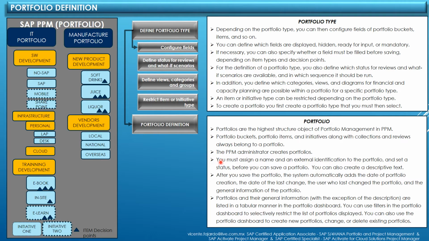You must assign a name and an external identification to the portfolio and set a status before you can save a portfolio. You can also create a descriptive text. During this course, I will go deeper in the explanation about collections and reviews.